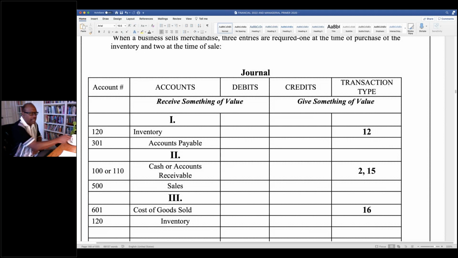When the sale is made, two entries occur. First, there's the entry to debit cash or receivables and credit sales for the sale being made.